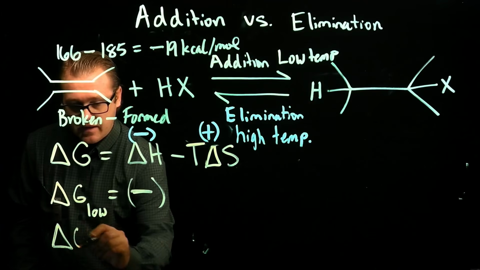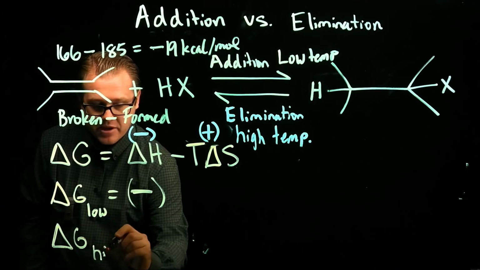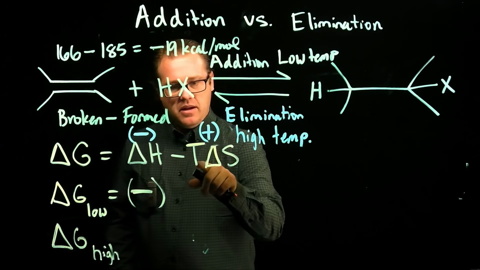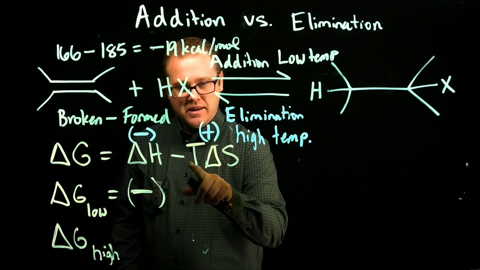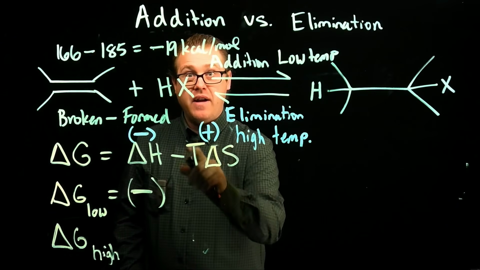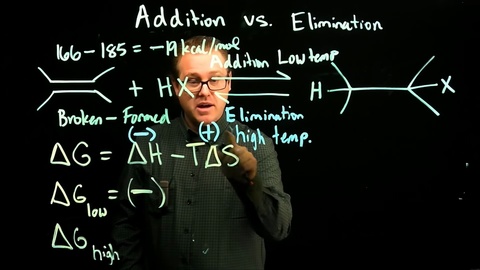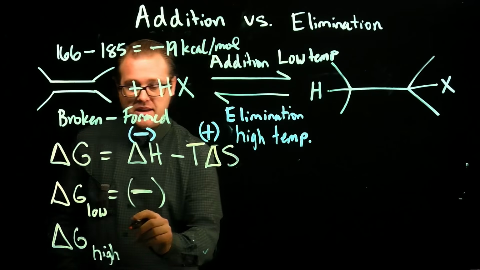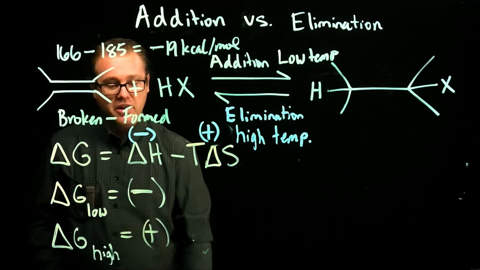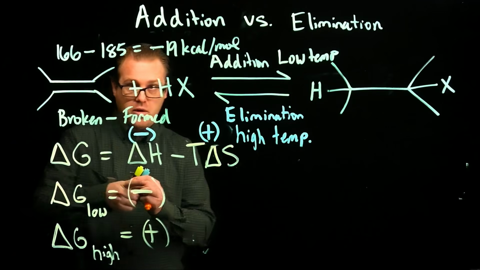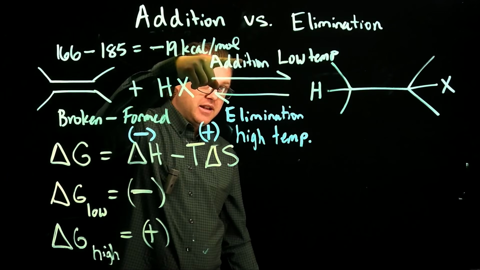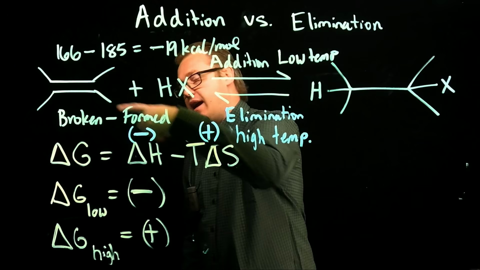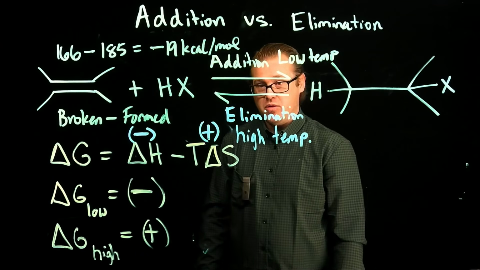But if you look at the delta G at a high temperature, now what's going to happen? If T is large, that makes this term a very large positive value compared to this negative value. And so that makes the delta G a positive value, which means the forward direction is not favorable. It means that the reverse reaction is going to be the favorable one.